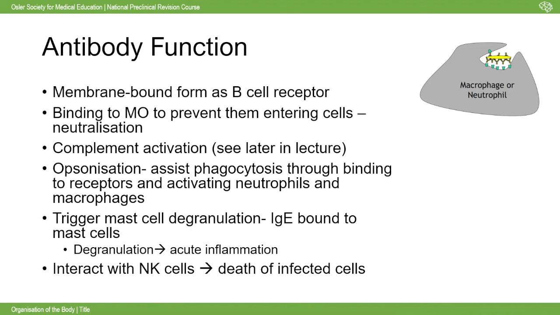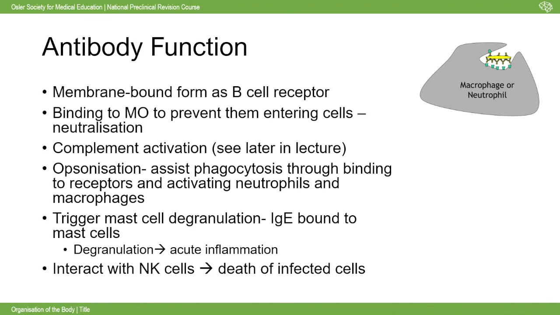But then I want to focus more on opsonization, which is a really key role, arguably one of the most important functions of our antibodies, because our antibodies are binding to our foreign particles. Like I said, with the FC receptor, my antibody binds to my foreign particle, then the FC region of my antibody is available for my phagocytes, such as neutrophils or macrophages, to associate with that FC receptor.